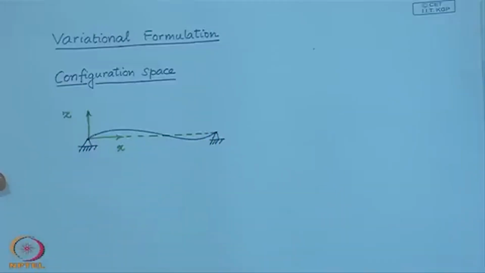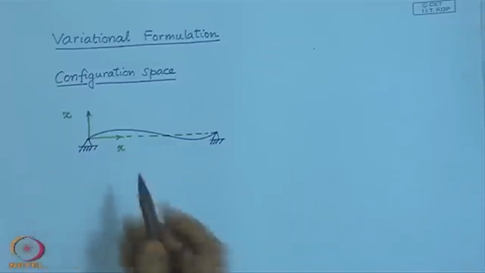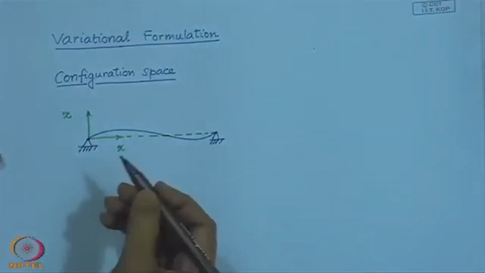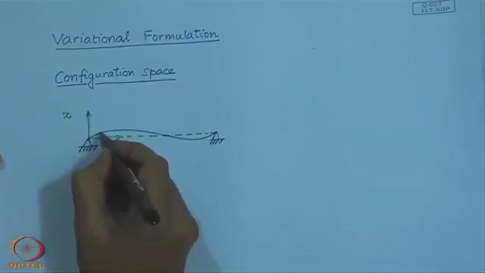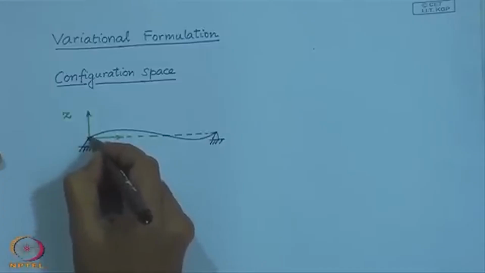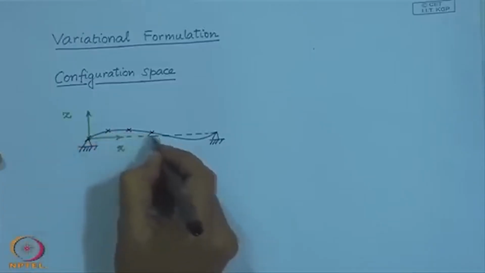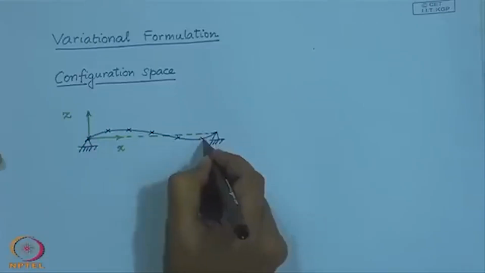Now, suppose I want to represent or track the configuration of this string. So, the simplest thing that I can think of is to track certain particles or material points on this string.